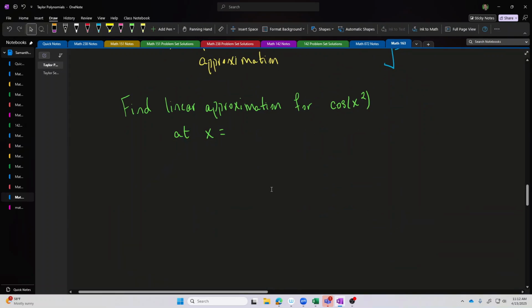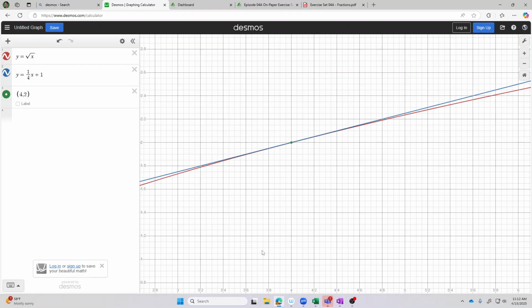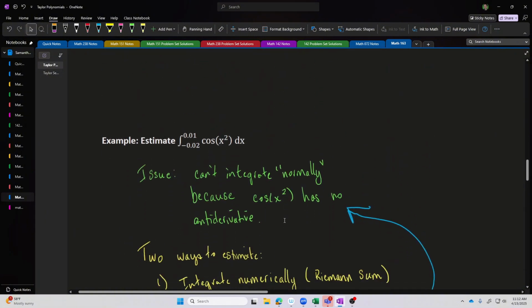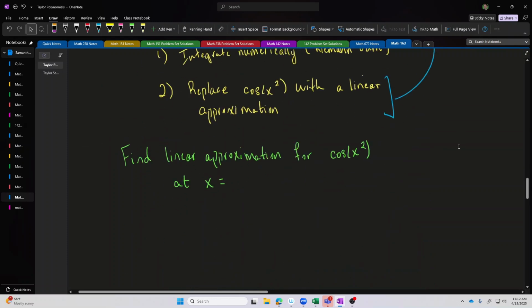So as I'm working on choosing a specific value of a, let me remind myself that in the graph, the linear approximation and the original function are very close to each other near a. If you're operating near the value of a, that is where the linear approximation and the original function are very, very close. Now I'm looking at my problem, and my problem is dealing with input values on the interval from negative 0.2 up to 0.1.